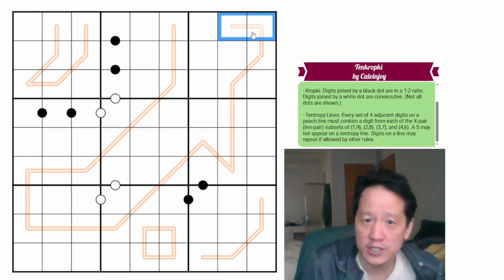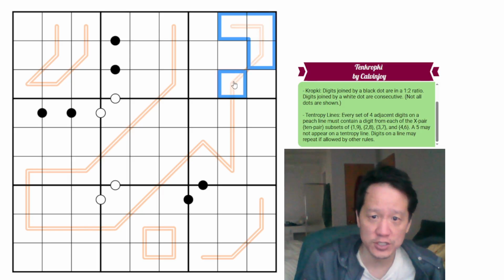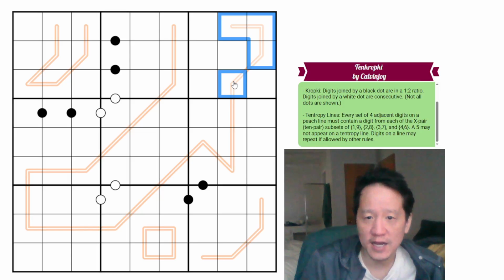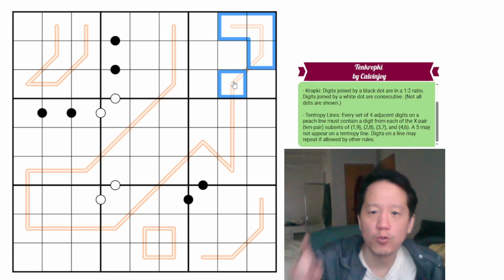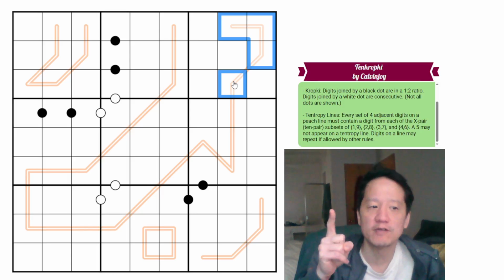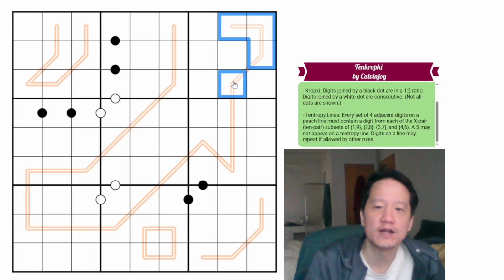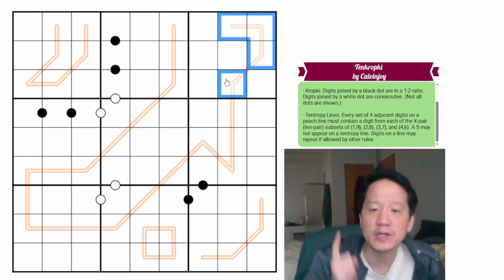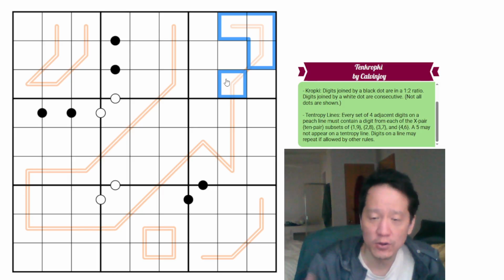And for every 4 adjacent digits on this line, you must have one digit from each of these subsets. So 1 out of 1, 9, 1 out of 2, 8, 1 out of 3, 7, 1 out of 4, 6. And a 5 may not appear on a Tenkropki line. Okay, that's pretty important.